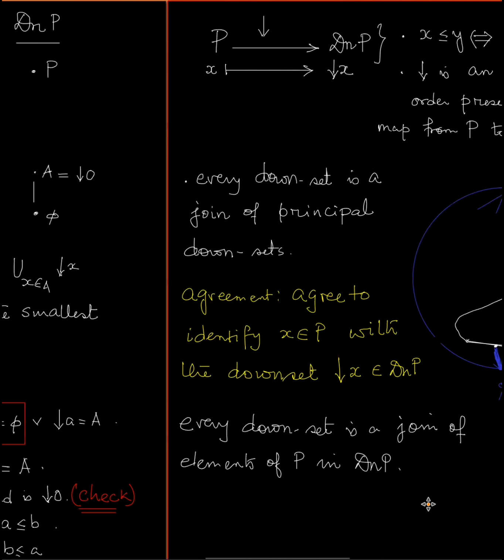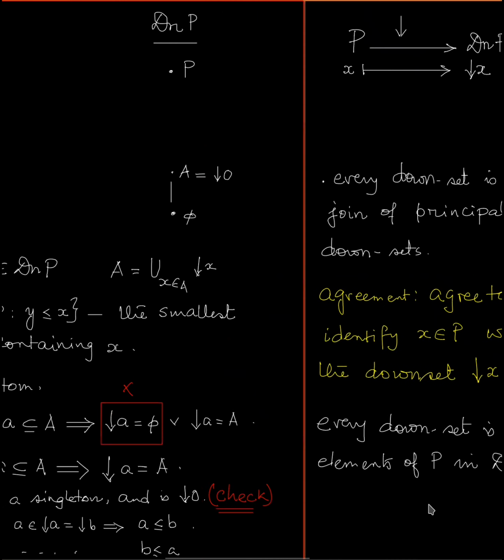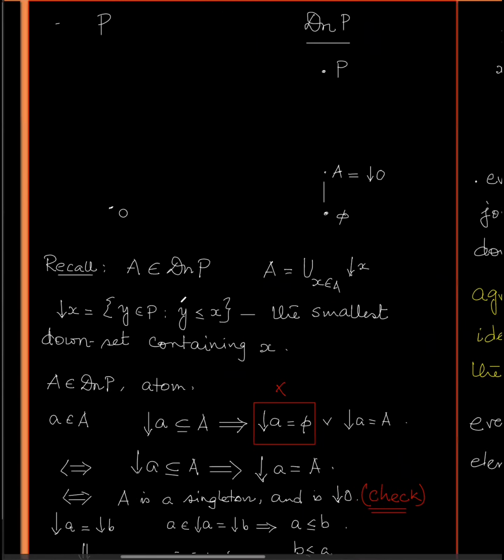Before I give a definition, observe that the principal downset is the smallest downset containing X. Well, we are in a poset, so we should be speaking about the smallest downset containing an element.